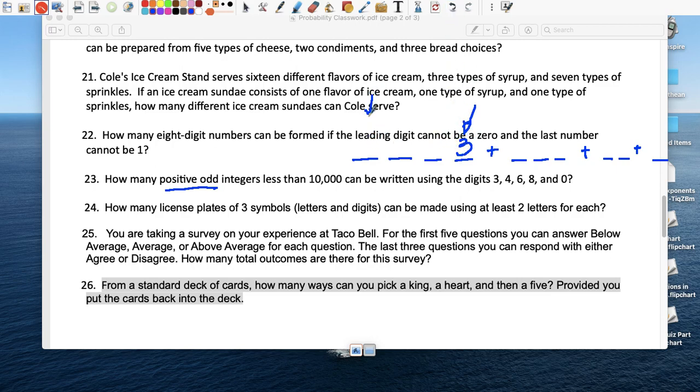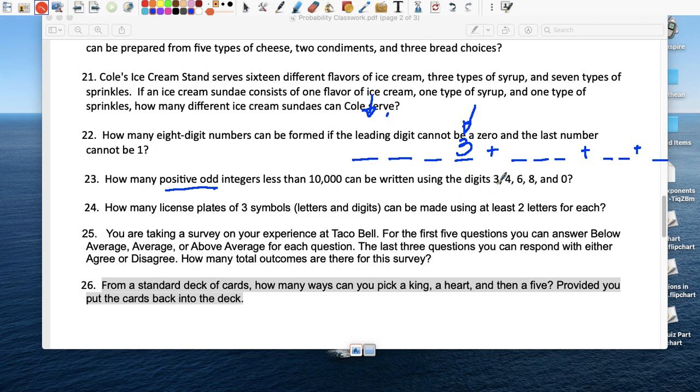For the others, I have 3, 4, 6, and 8. Can I repeat the numbers? Let's do this assuming I can repeat the numbers.